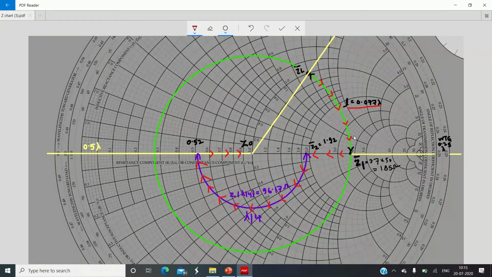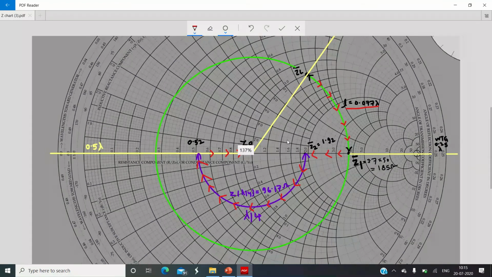From ZL bar, intersection with the real axis gives Z1 bar. Convert this Z1 bar to Z2 bar by normalizing with the characteristic impedance of the transformer. From this point, insert a lambda by 4 transmission line in this way, find the intersection on the other side, then denormalize this value with the characteristic impedance of the transmission line, and ultimately we will reach the center of the Smith chart.